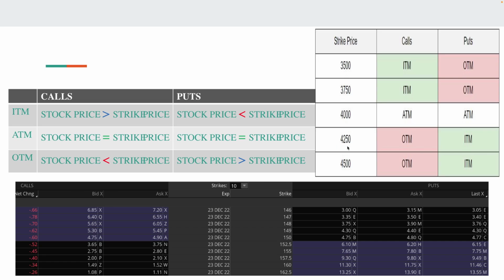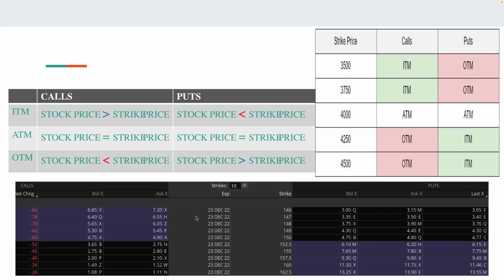So the puts with the 4,250 and 4,500 strike prices are in the money because the strike prices are greater than the current stock price of 4,000. Again, hopefully that's easy for you to see the point using this chart here as a reference.